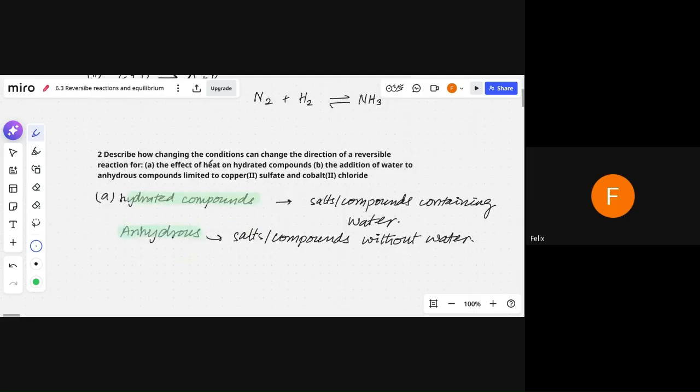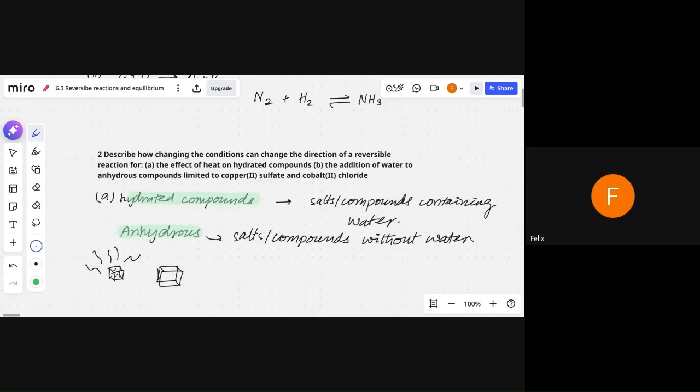Now the effect of heat on hydrated compounds is obvious, right? If we have a salt that has water molecules trapped in the crystal system, when you heat it, what will happen? The water will escape out of it, and its mass will reduce.